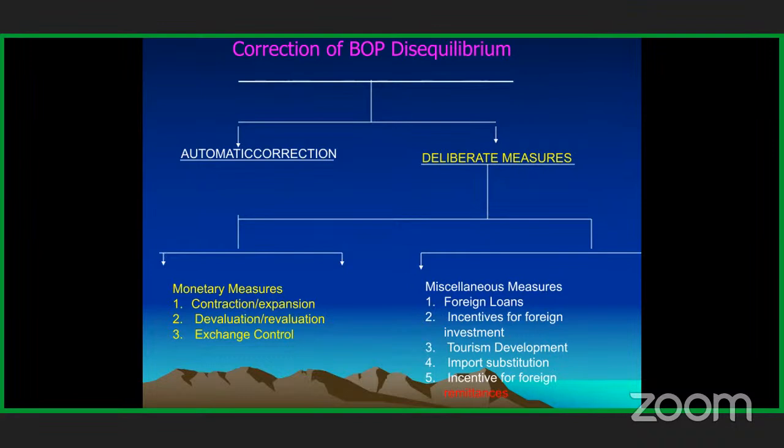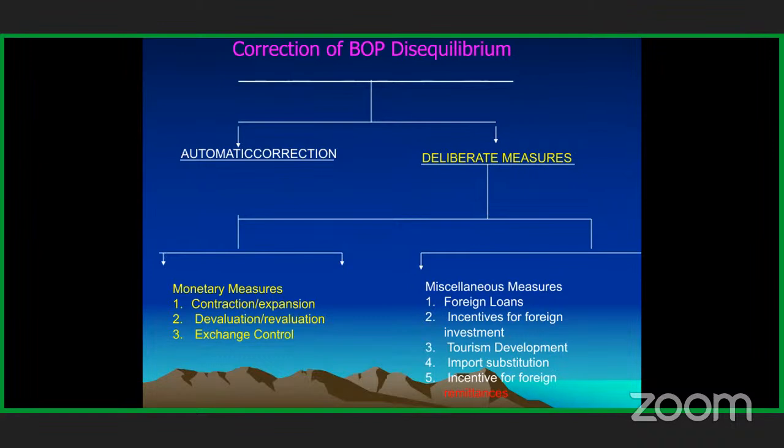And deflation refers to that monetary policy under which the volume of currency is reduced. Consequently, prices and monetary income of the people are brought down.